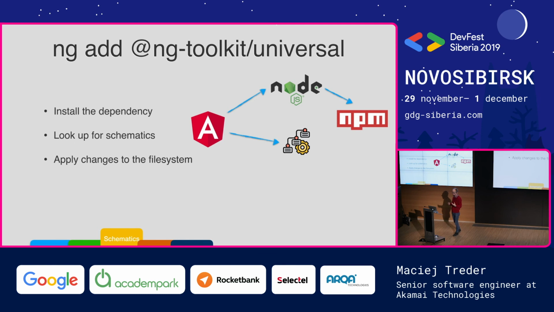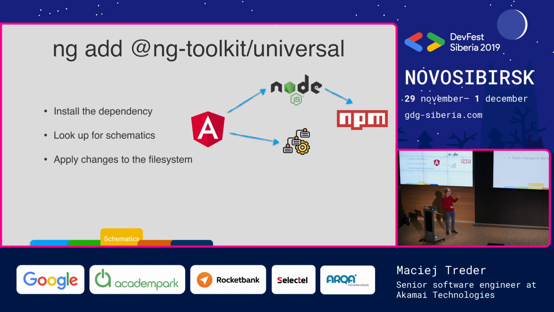Then Angular CLI calls Node.js again. It looks for schematics and applies the changes to the file system. This part is what schematics are going to do on behalf of the library consumer.